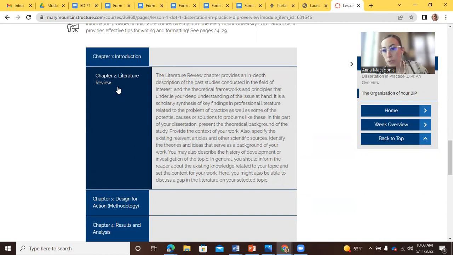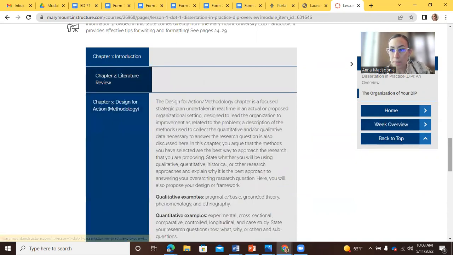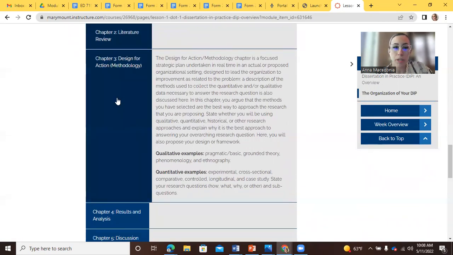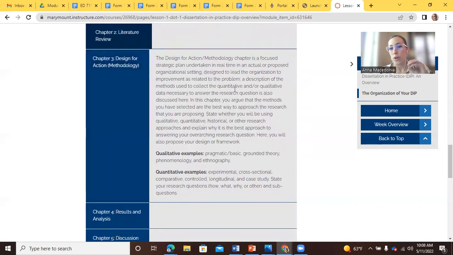You will then note important limitations and gaps, which will inform future research, and that's where your proposed study will come into play. In the next course, 713, I'm sorry, you will be writing your design for action methodology.